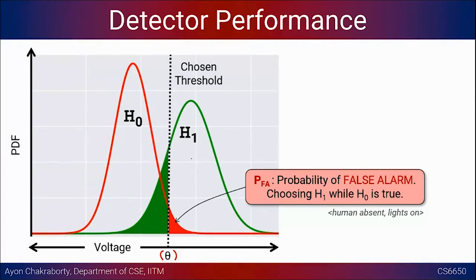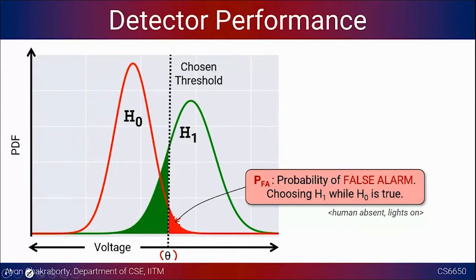Sir, can you please explain once more this false alarm? Okay. The false alarm is that I am falsely raising the alarm. I am falsely reporting that the person is present, because if the value of the variable is greater than the threshold, we are saying that the person is present. That is our algorithm. However, because the distribution of H0 looks like this, on the right hand side of the threshold you also have some area under the curve.